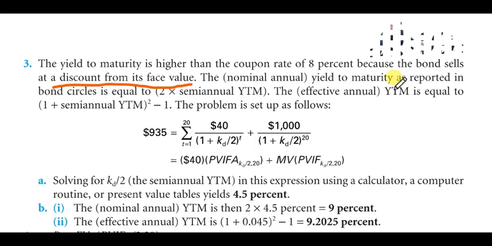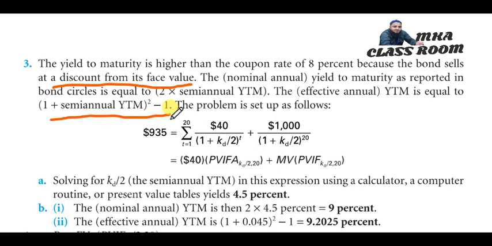The nominal yield to maturity, as reported in bond circles, is equal to 2 into semi-annual YTM. That means semi-annual YTM into 2 is the annual rate. The effective YTM is equal to (1 plus semi-annual YTM) whole square minus 1. So it is the effective rate of interest. You have learned it from your principles of finance or financial management. That's the formula: (1 plus semi-annual YTM) power 2 minus 1.